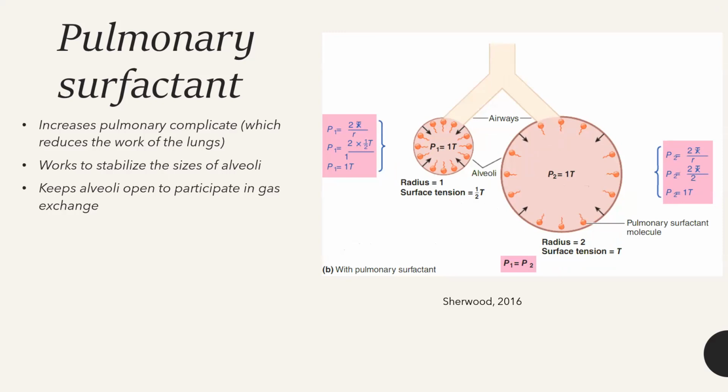It stabilizes the size of alveoli, reiterating how a smaller alveolus without pulmonary surfactant will collapse, emptying itself into a bigger alveolus that it is connected to through an airway. And so surfactant works to keep alveoli open, no matter the size, decreasing surface tension as necessary so that alveoli are free, open, and able to participate in gas exchange.